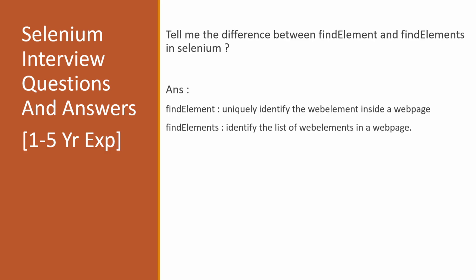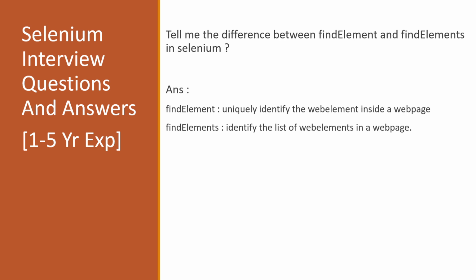But if you use findElements, in that case, it is identifying a list of web elements in a web page. So if you want a list of web elements, then you have to use the findElements method. But if you want only one unique web element, then you have to use the findElement method. That is the basic difference.